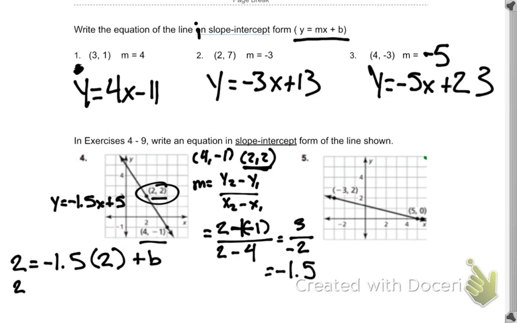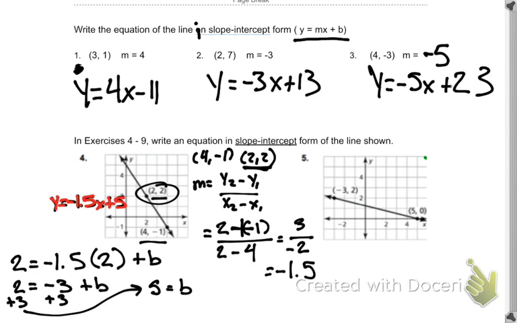So then when I solve algebraically, I'm left with 2 equals negative 3 plus b. So I'm going to add 3 to both sides, which means that 5 is equal to b. So again, I'm given the same equation of y equals negative 1.5 x plus 5.